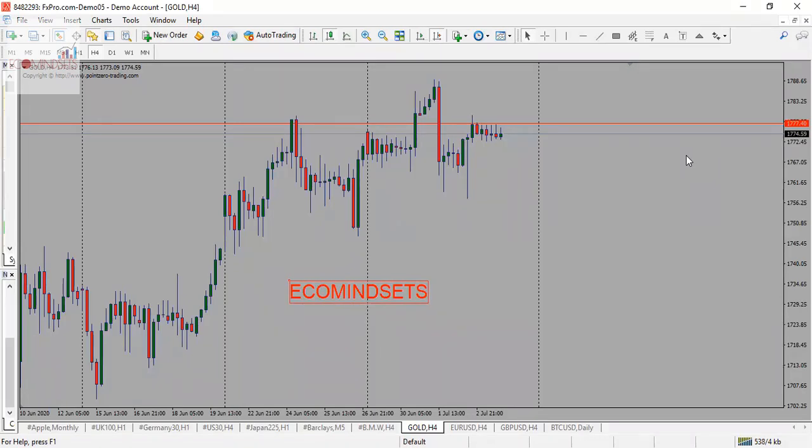What this means to a trader is when you look at the market from different perspectives or different time frames, you end up making the right decision with the right entry.